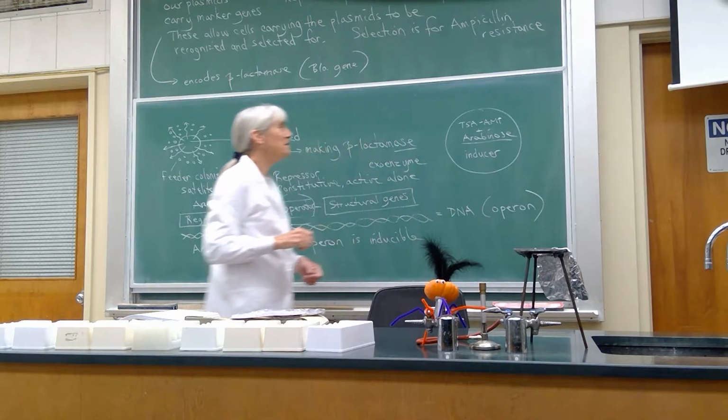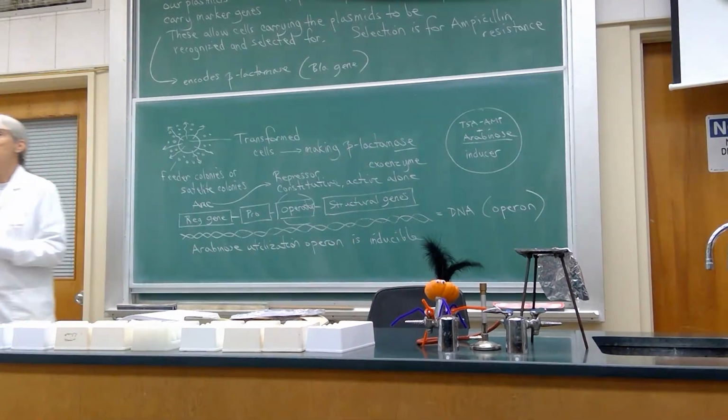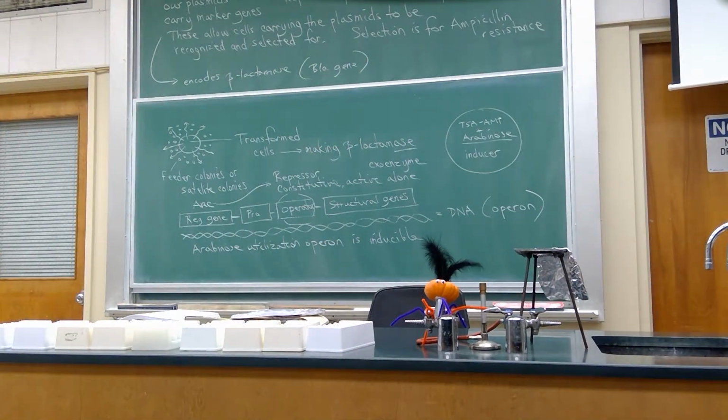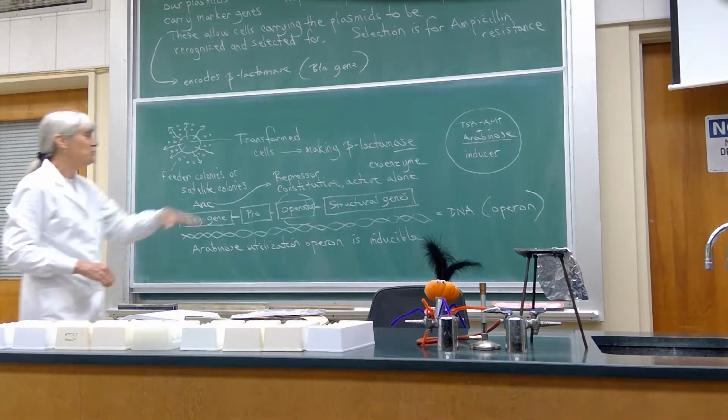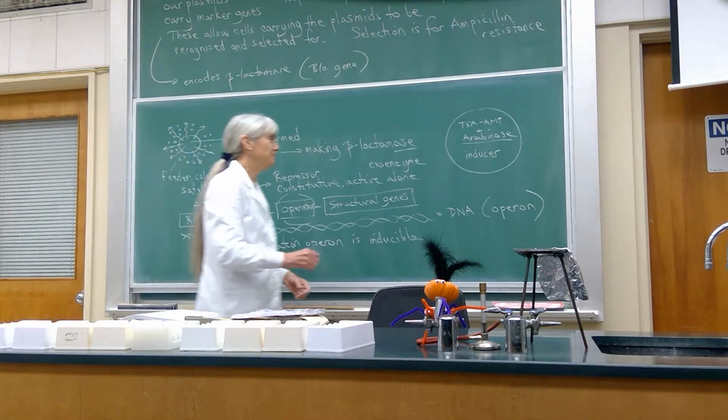This is a little bit different than the lactose utilization operon because lactose wasn't actually the inducer. Lactose had to be acted upon by an enzyme and converted into allolactose. With arabinose, it's straightforward. It's the inducer. The function of the inducer is to bind with the repressor protein and inactivate it.